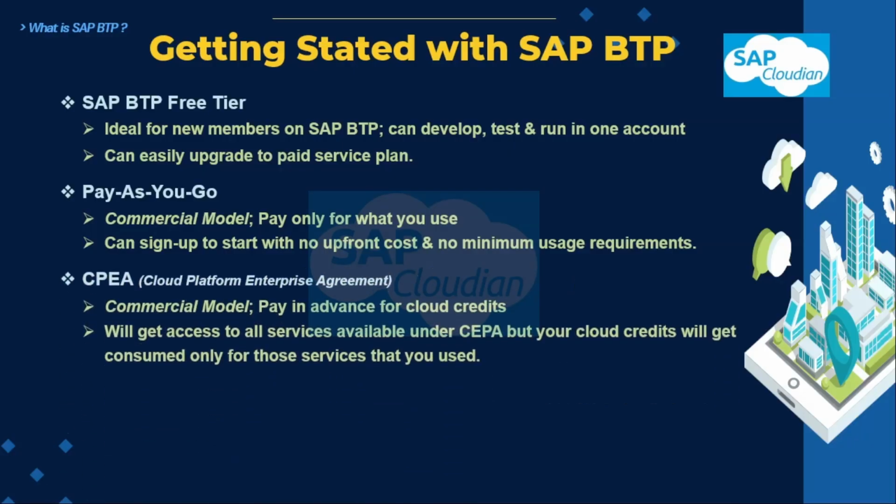Next way is CPEA, that means the Cloud Platform Enterprise Agreement. It is again a consumption based commercial model where you pay in advance for the cloud credits. Here you will get access to all services available under CPEA, but your cloud credits will get consumed only for those services that you use.